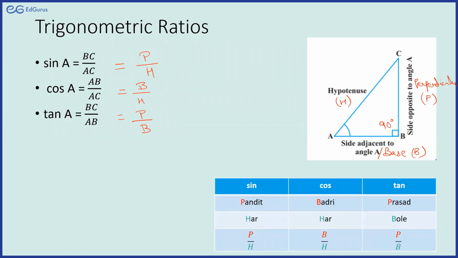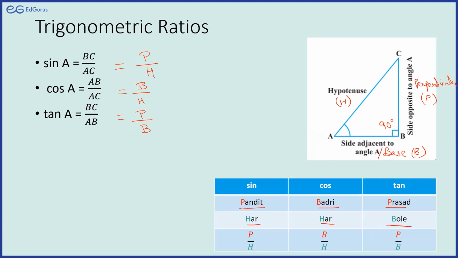Now, how do we remember this? So, do you know this? You can remember these formulae using these words from Hindi. Sine, cosine, tan. Do you know this table, Asta? Yes, ma'am. Okay. So it's simple, right? So you know it. So you can say Pandit, Badri, Prasad, Har, Bhole.